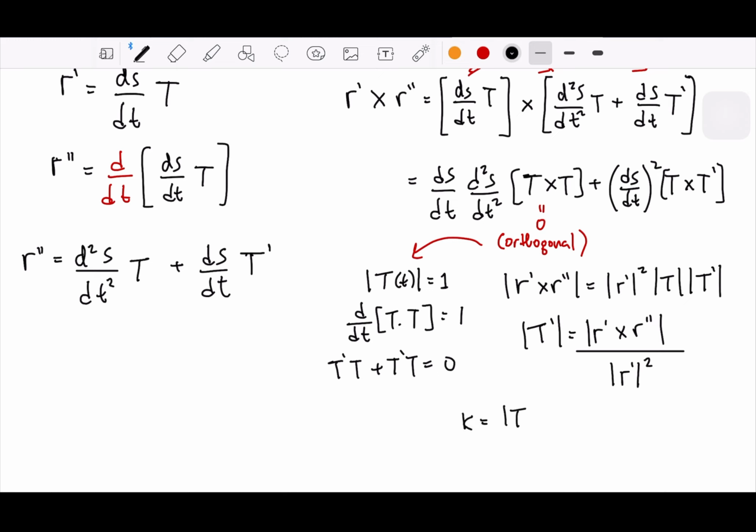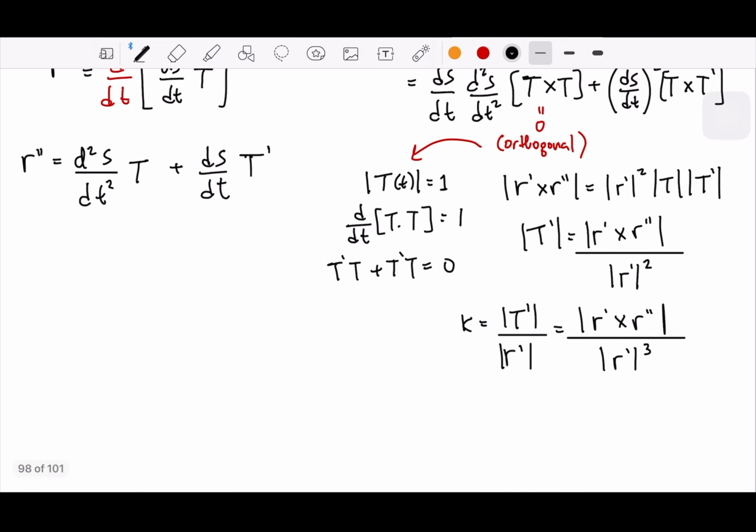And we can write curvature as the derivative of the unit tangent vector divided by r prime. So we just need to divide by the magnitude of the first derivative of r. Then we can write it as r prime cubed like that. So this is another formulation for the curvature.